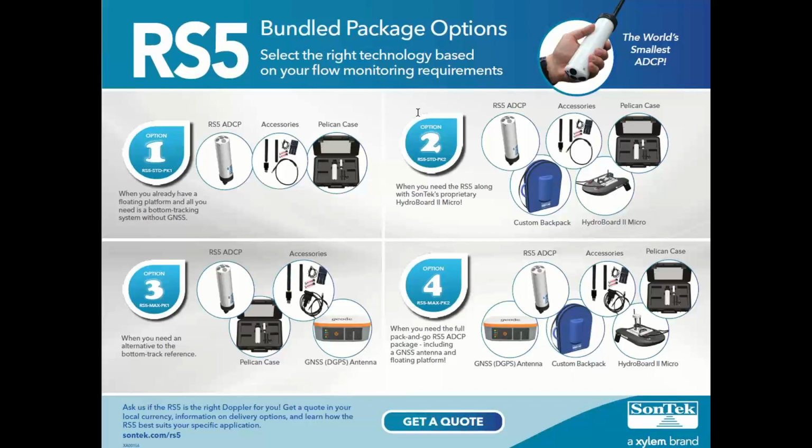Second option would be the actual Autoboard 2 Micro and the custom backpack. Third option is just the instrument and a GNSS antenna, and fourth option would be everything included to date that was released.